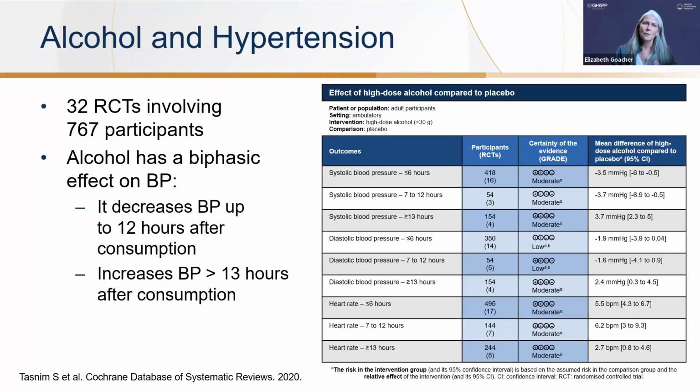We know alcohol can drive up blood pressure. It may suppress blood pressure initially in the first 12 hours, but after that, there's a rebound effect. So depending upon when this person's blood pressure is being drawn, if they don't have other metabolic risk factors, and this is the only one, are we really looking at somebody who has hypertension as a representation of metabolic dysfunction, as opposed to an end result of their alcohol consumption?